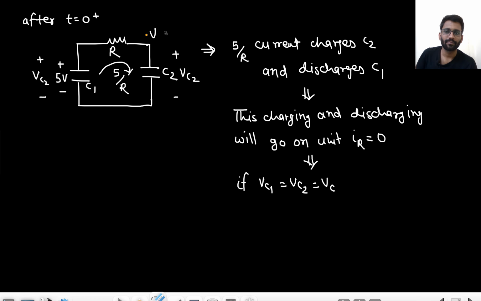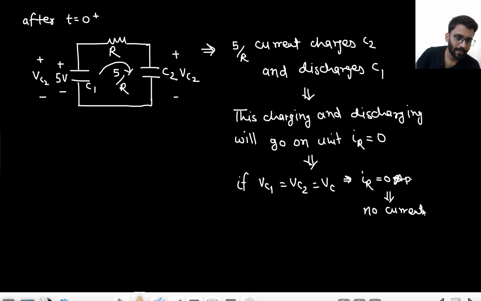So if Vc1 and Vc2 are equal, that means IR is equal to 0 ampere. That means there will be no current through the capacitors, right? So what happens at steady state?